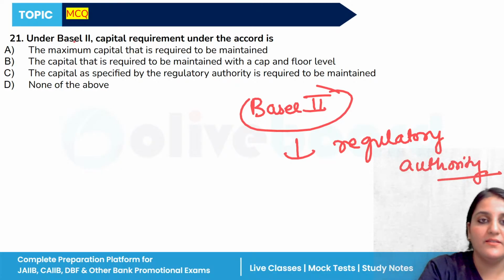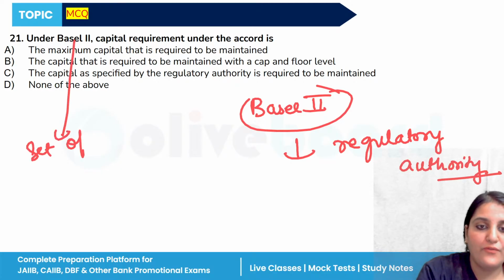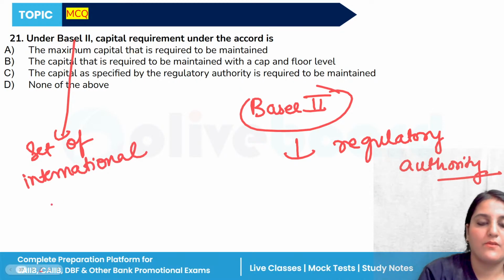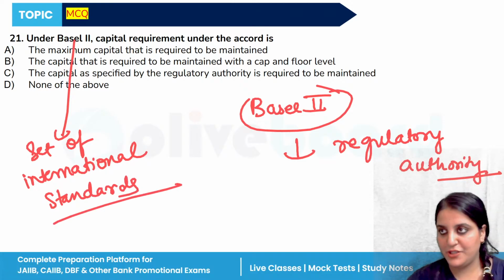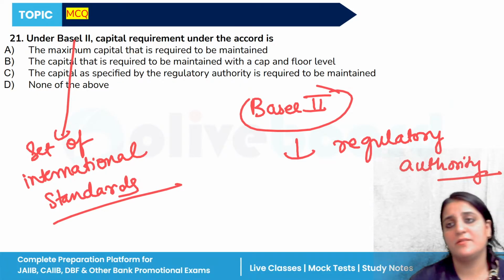Basel II is a set of international standards which governs the bank's capital adequacy, market discipline, and business practices.